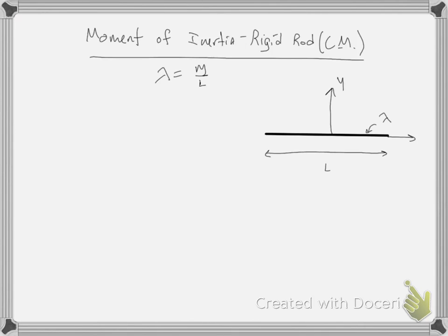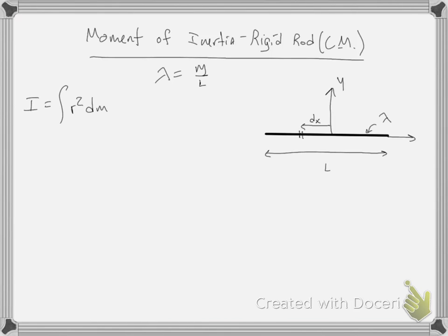In this case, this is a continuous mass distribution. So the moment of inertia can be written as integral r squared dm, where the dm is the differential mass. Let's choose that bit of mass right there, at a distance from the center of mass, which we can call dx.